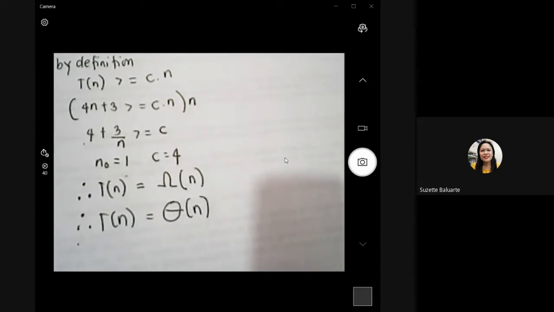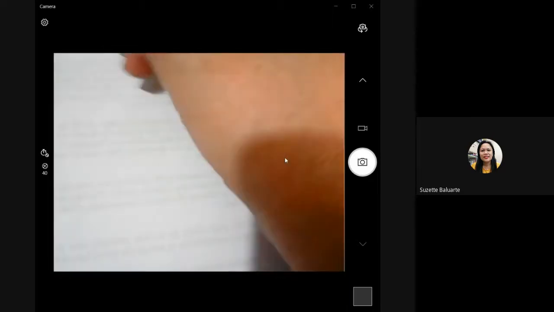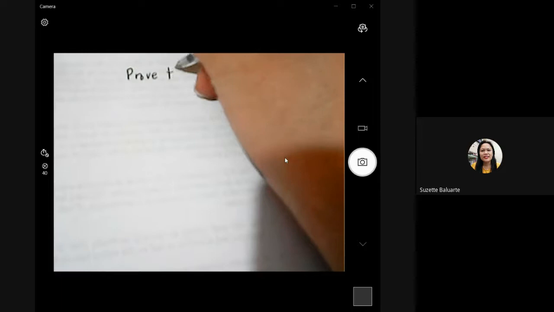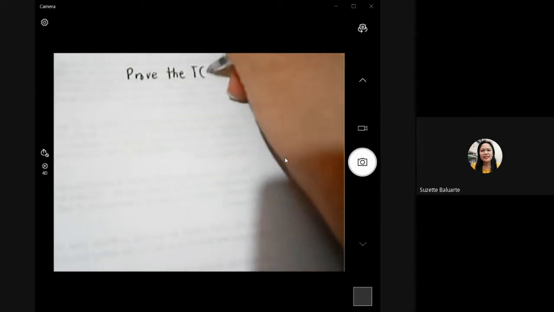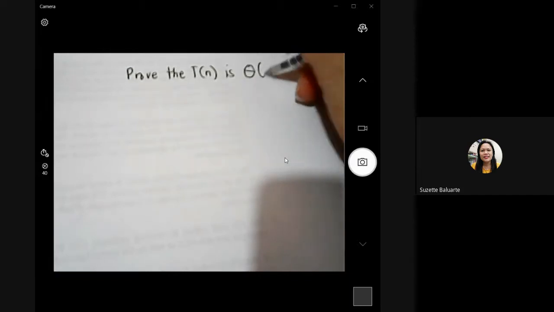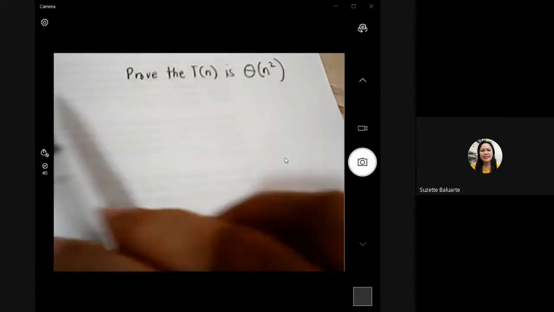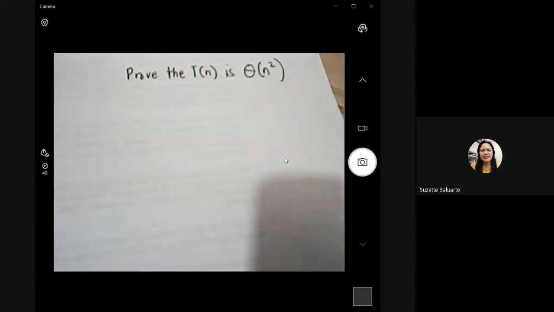So, take a look. I will do the other way around of the given. We will prove that T of n is big theta of n squared. It is n squared now, not n.